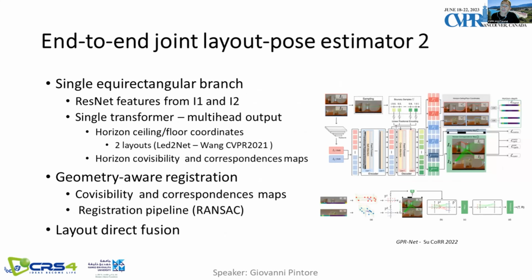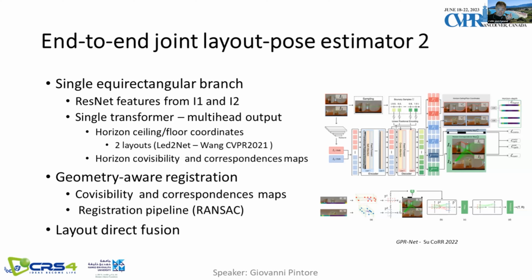Here is another possible approach for joint pose and layout prediction, based on a single rectangular branch. Instead, the residual feature is extracted from the two images and fed to a vision transformer in order to obtain a set of horizon features. In particular, the transformer module has a multi-head output, returning horizon ceiling and floor coordinates from which two layout depth maps are estimated, and also returning horizon co-visibility and correspondence maps.